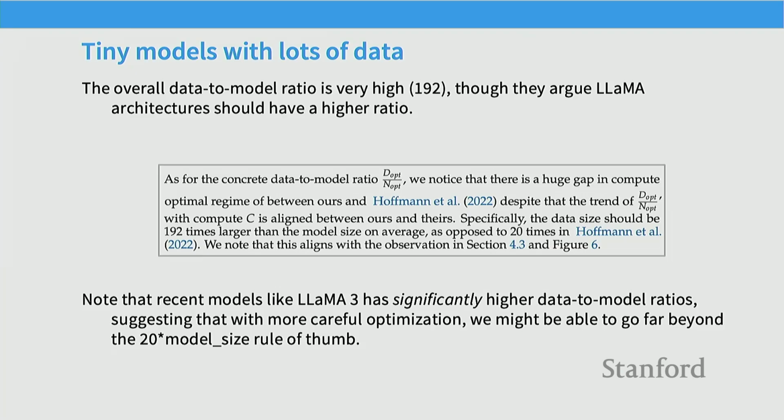So if there's one thing you take away from these last two slides, maybe not necessarily that you should trust whatever scaling law fits MiniCPM did, but rather that the Chinchilla analysis isn't really a strong constraint. 20 times model size is just a starting point. You should feel free to significantly increase that token to parameter ratio.